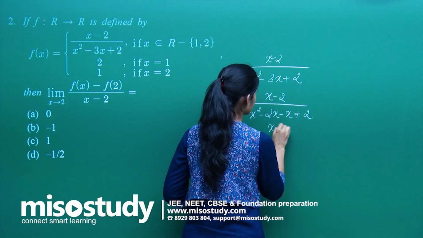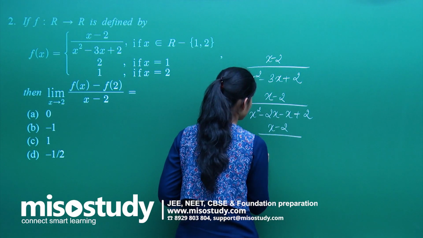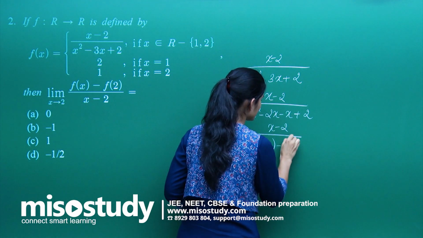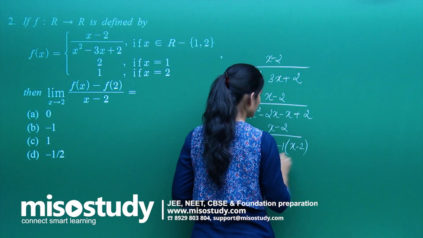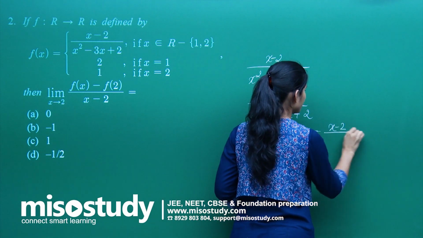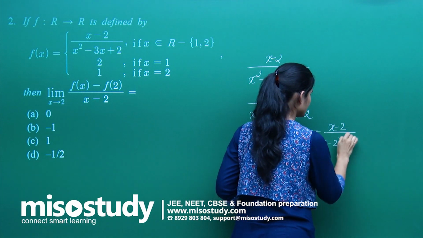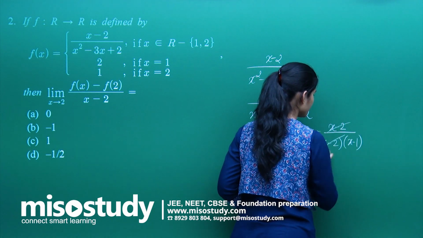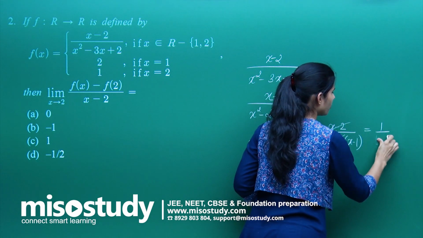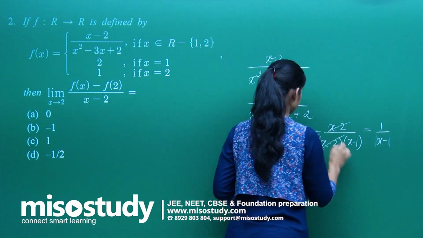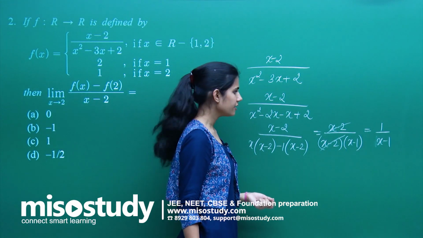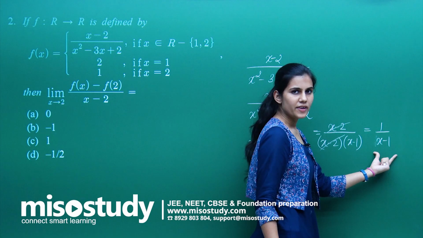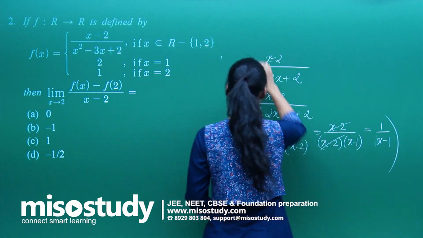So this becomes x minus 2 whole upon x into (x minus 2) minus 1 into (x minus 2). So eventually you get (x minus 2) upon (x minus 2) into (x minus 1). This is 1 upon x minus 1. Okay? So basically your f(x) is 1 upon x minus 1.